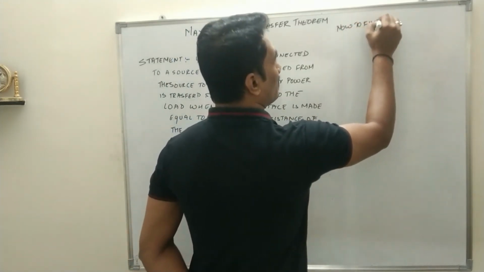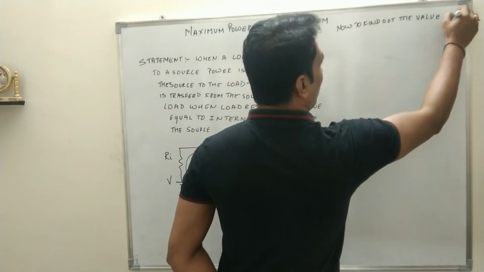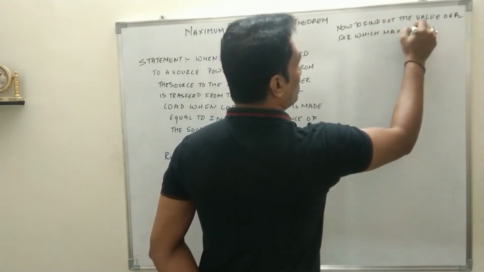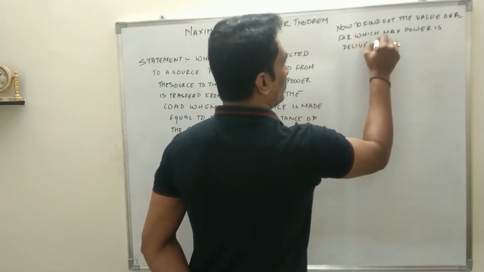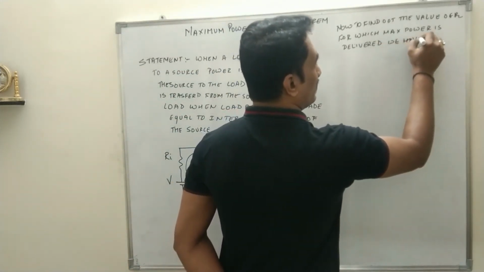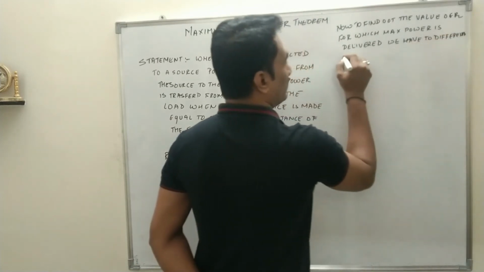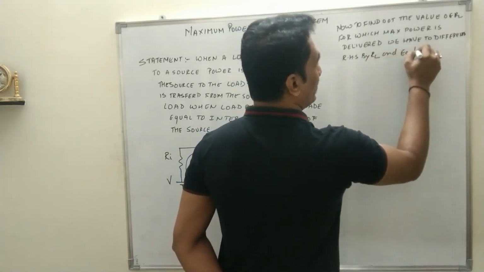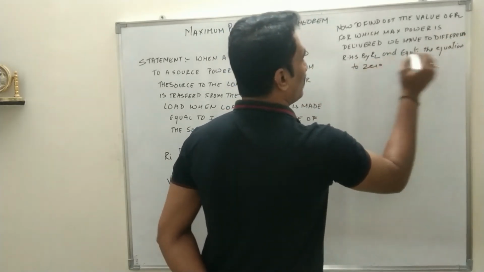Now to find out the value of RL for which maximum power is delivered, we have to differentiate the right hand side by RL and equate the equation to 0.